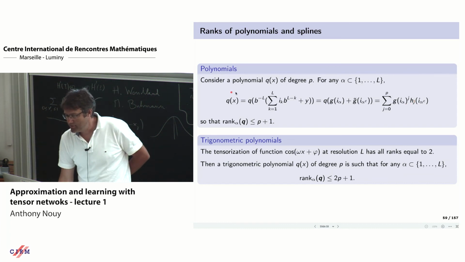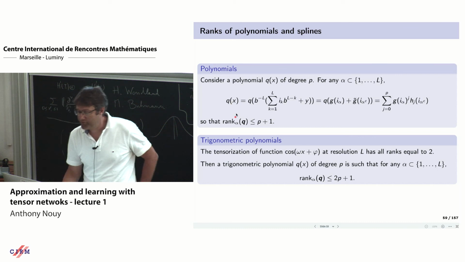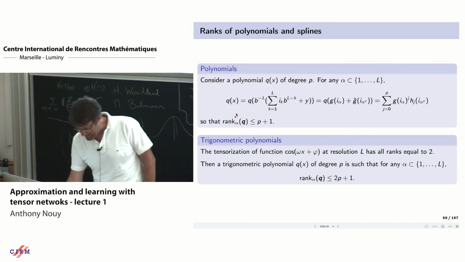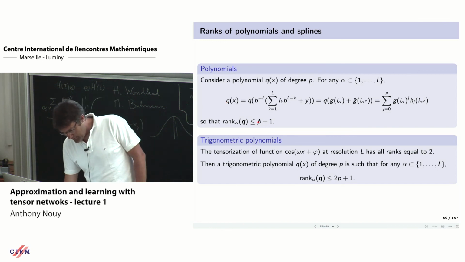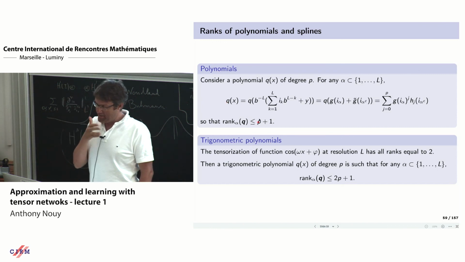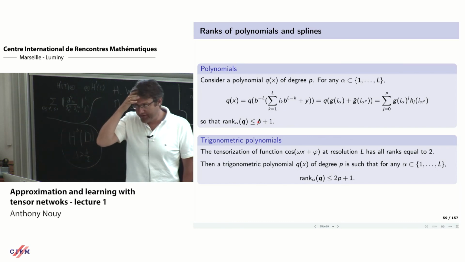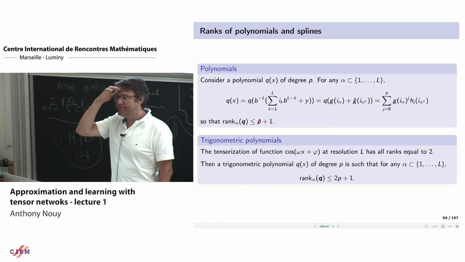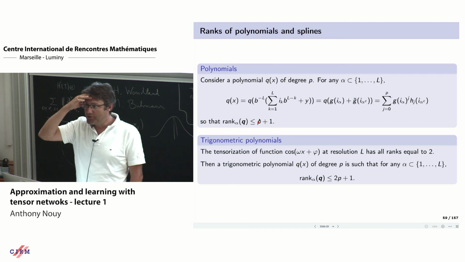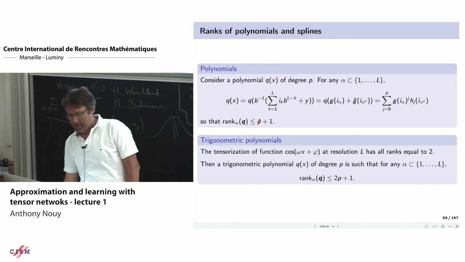It means that the alpha rank of the tensor associated with the polynomial q is bounded by p plus 1, whatever alpha. This was an observation made by Lars Grasedyck a few years ago, and it has many consequences for the approximation results that I will tell you about in the second part.